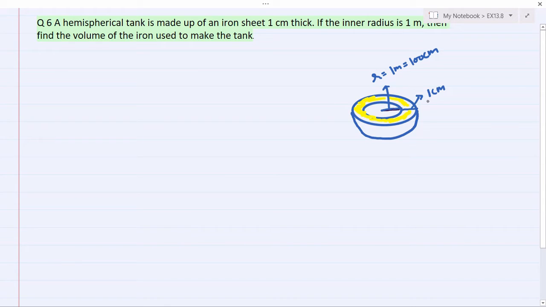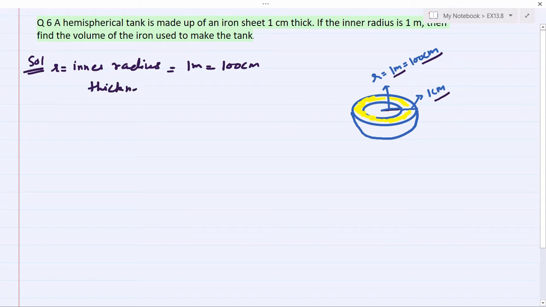So what you have to do, here you can see the thickness is given to us in centimeter and the inner radius is given to us in meter. So first of all you will convert this into centimeter form, right? So you can write down here inner radius, we represent this by small r, which is equal to 1 meter, and this is equal to 100 centimeter, right?